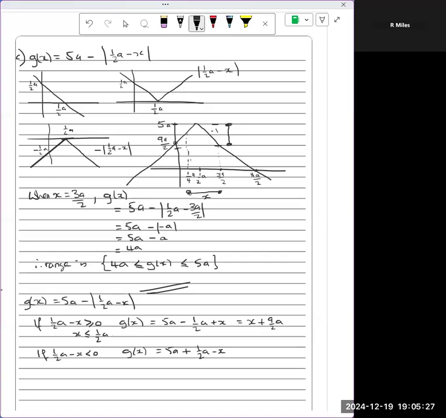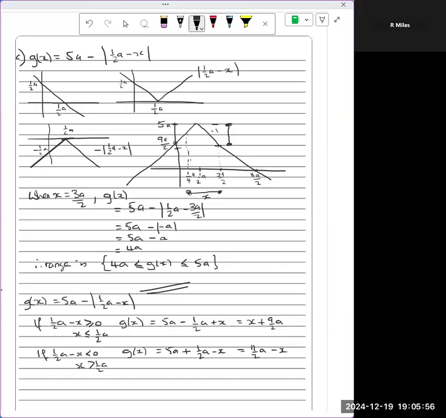We'll be super careful here, which is 5 and a half a, which is 11 over 2a minus x. So rather than doing all of these transformations, you could basically break the function down into the two pieces, and the inequality here is x is bigger than half a.